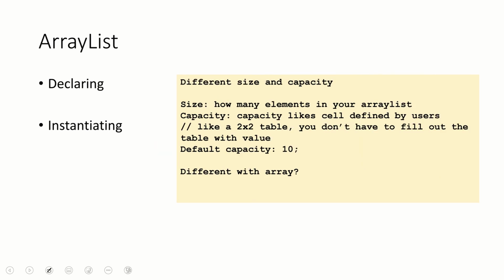Here you should understand the difference between size and capacity. The capacity in the ArrayList only means how many elements can be inside at first, but it doesn't mean they are already in there.